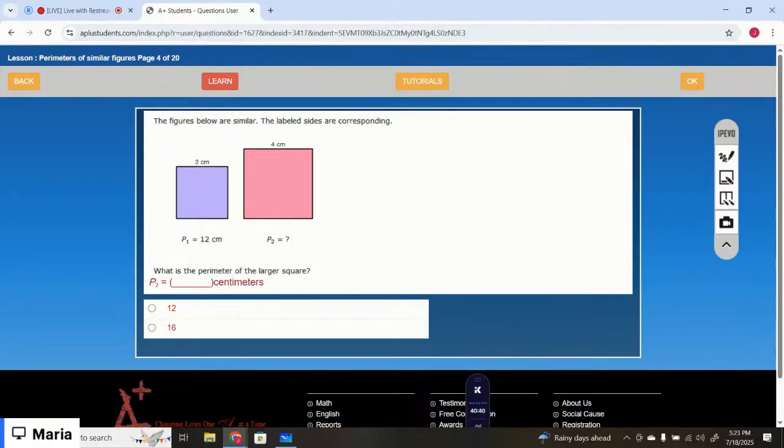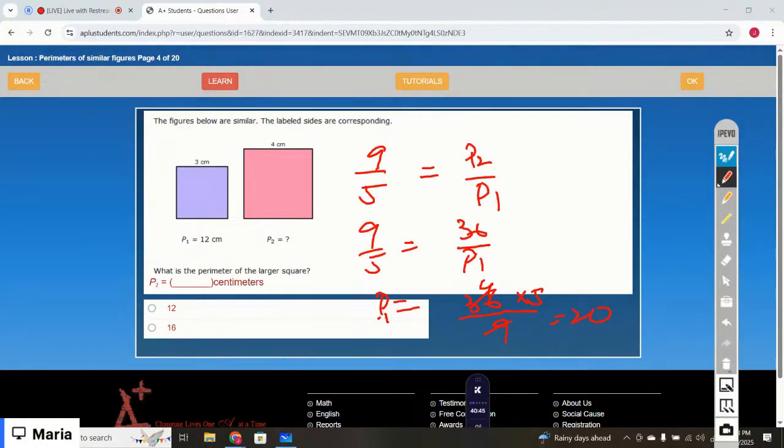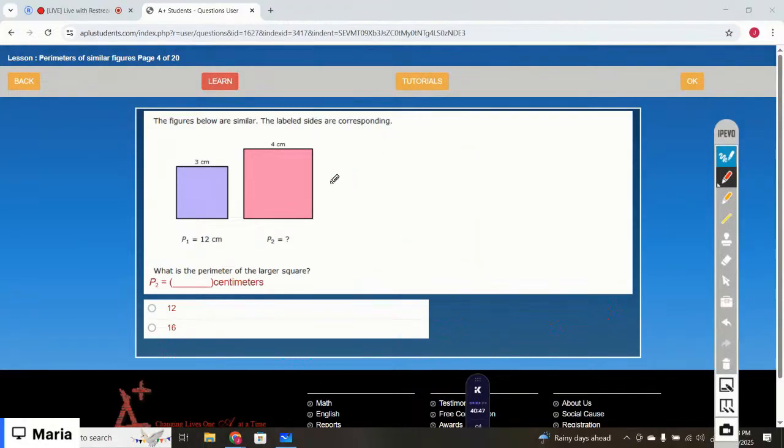The labeled sides are corresponding. What is the perimeter of the larger square? So we need to find the ratio.